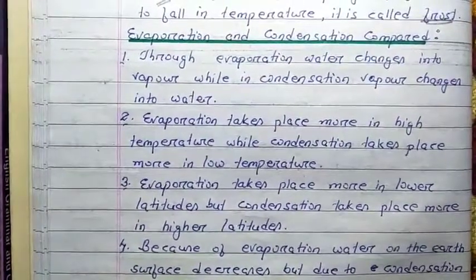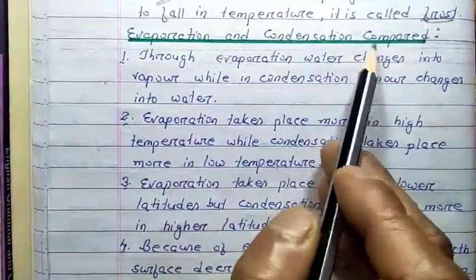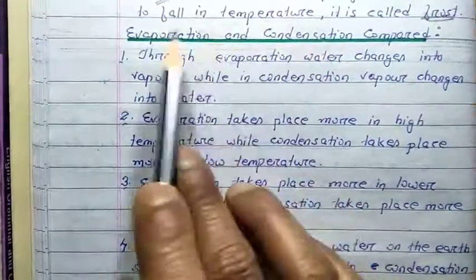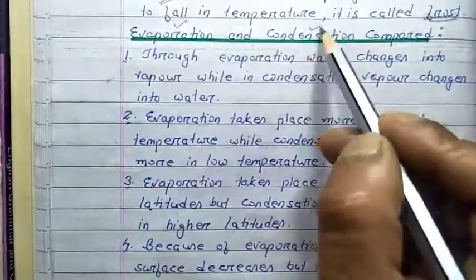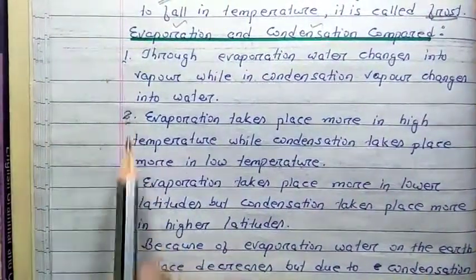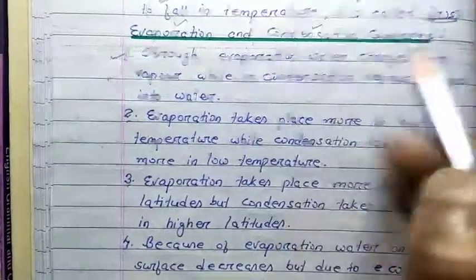Now we are going to study the last portion of this video, evaporation and condensation compared, the differences between evaporation and condensation. If you have understood the process of evaporation and condensation, you can easily find out the differences. I have tried to show you here 4 differences. The first difference is, through evaporation, water changes into vapor.